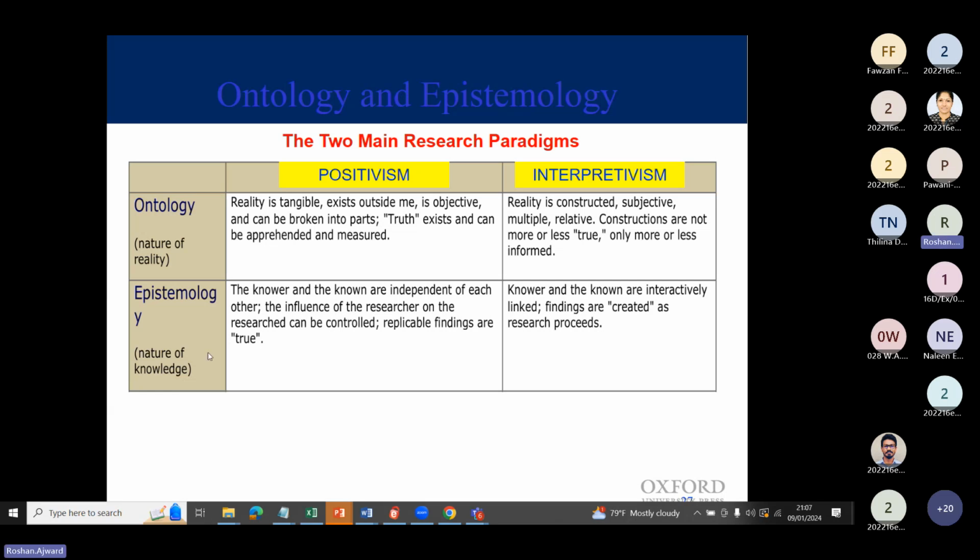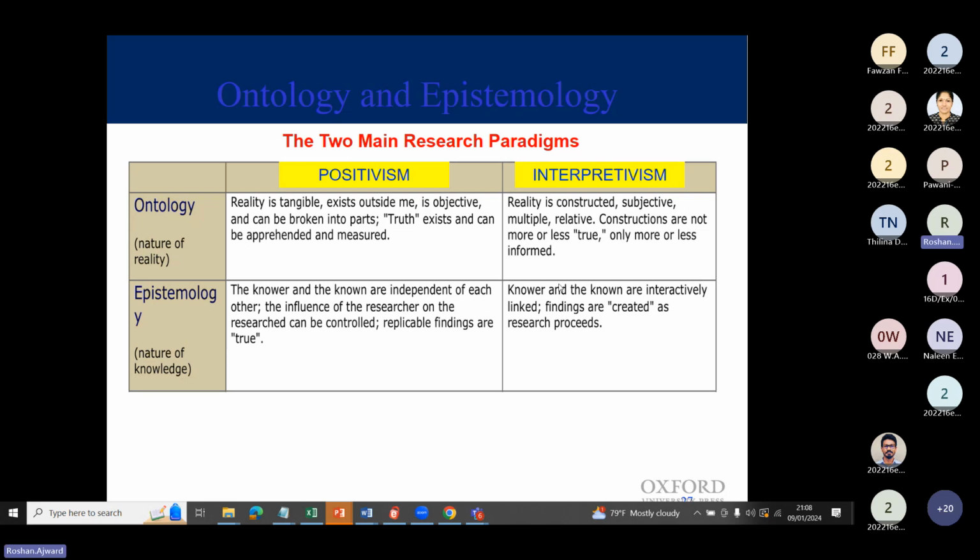Then nature of knowledge. That's epistemology. How you get to know about the knowledge. Positivistic researchers think, yes, you can know the knowledge by being outside. So the researcher and the research are two different things. And you could check what's the objective reality.